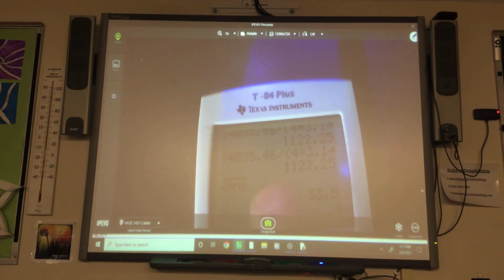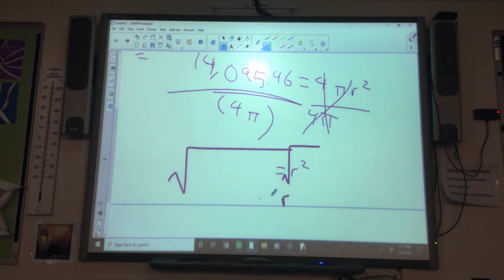Then square root of second answer, or second, the negative parenthesis sign, that's where the answer button is. So the answer is r equals 33.5.